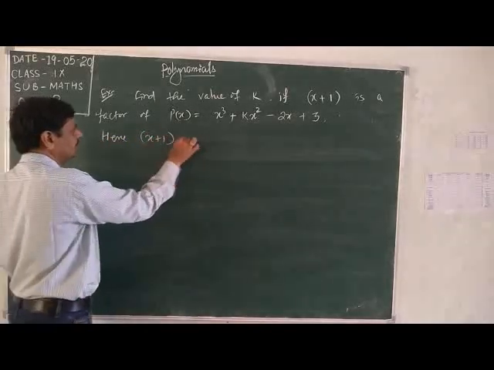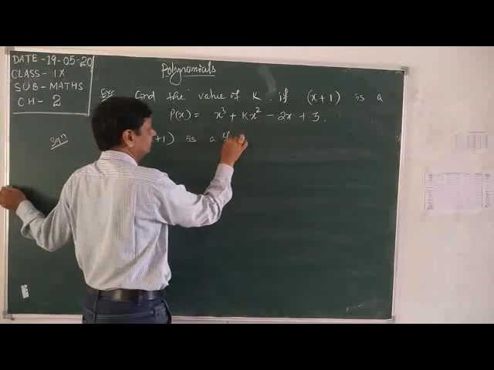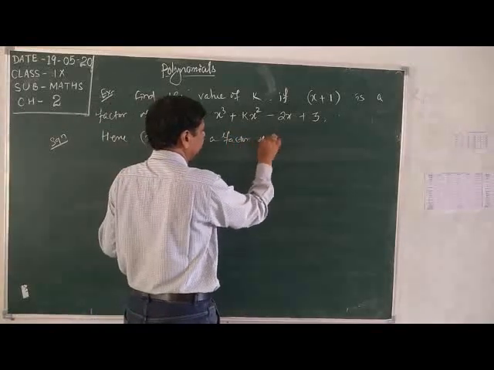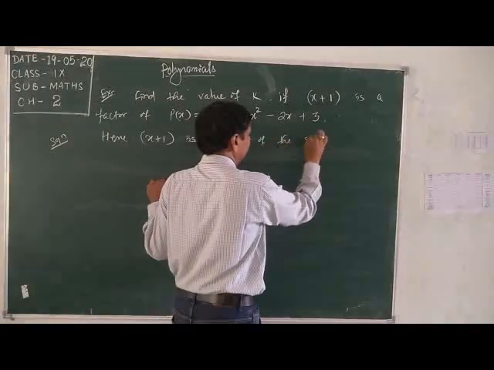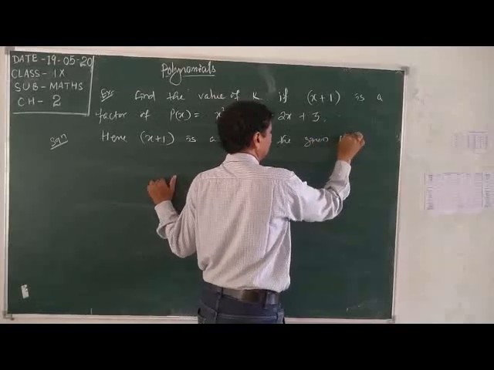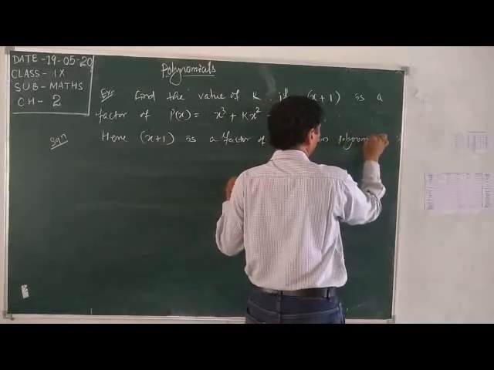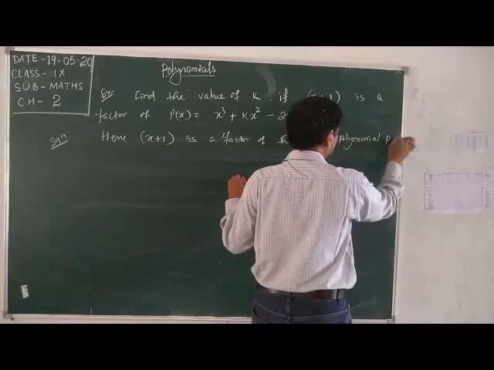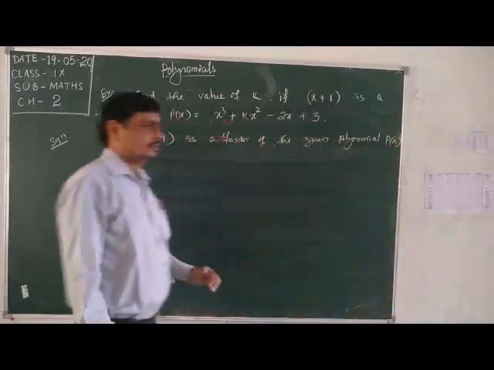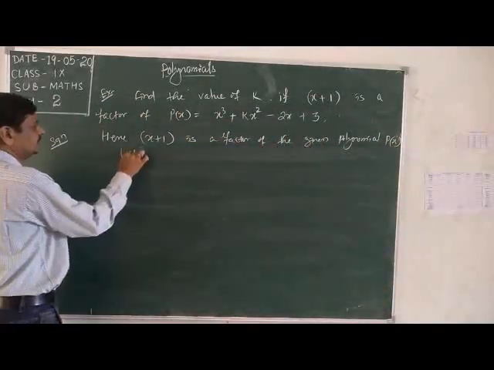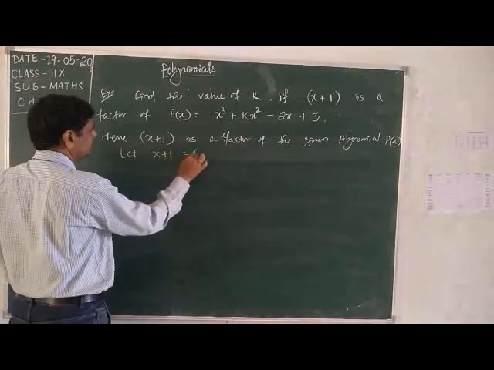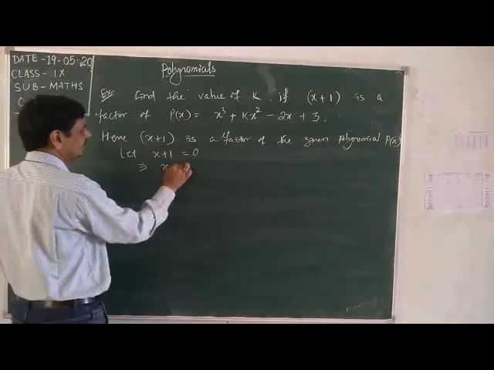Here x plus 1 is a factor of the given polynomial p(x). Set x plus 1 equal to 0. This implies x equals minus 1.